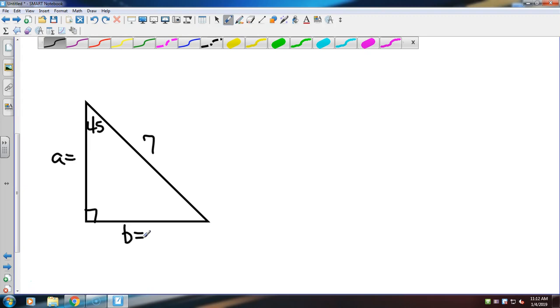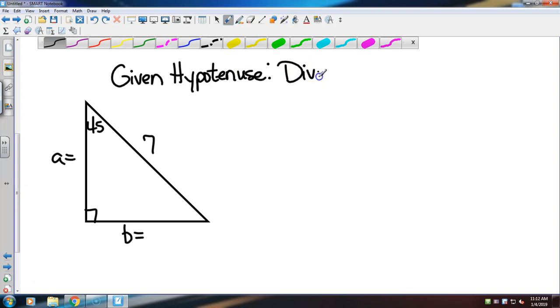If we're given the hypotenuse, we're going to divide by radical 2. So in this case, to find out what A and B are, I'm just going to do A. We're going to take the hypotenuse and divide by radical 2.